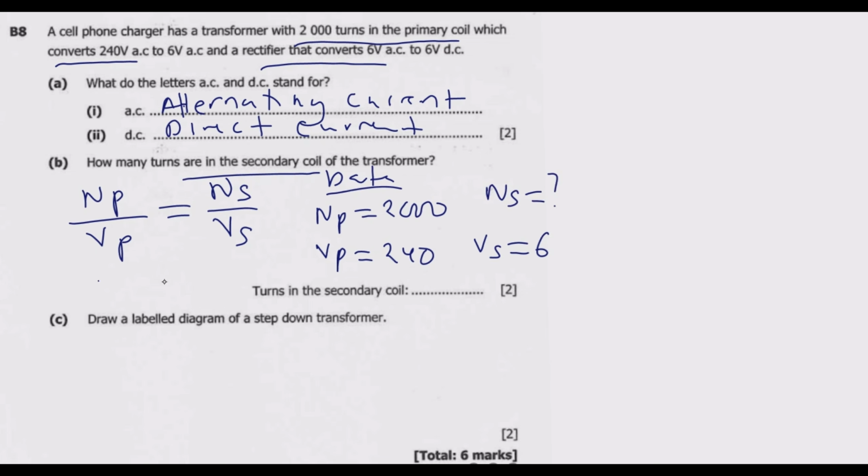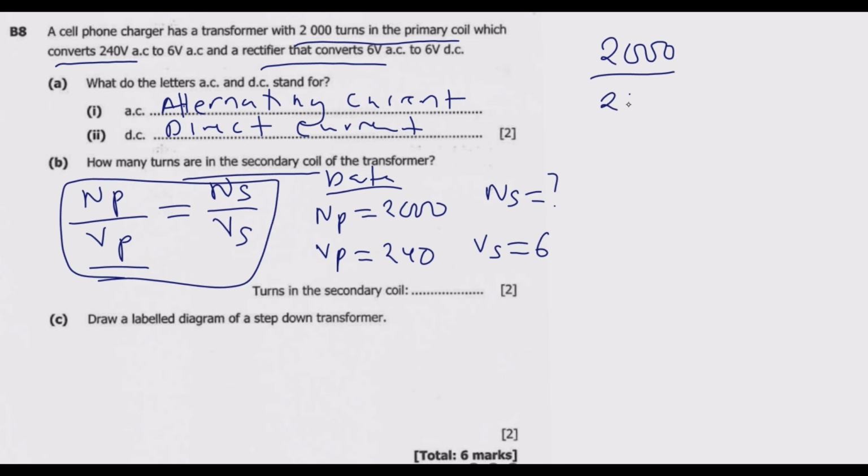So using this formula, we can write now 2000 over the voltage, which is 240, is equal to X, which we don't know and are looking for, over 6 volts. Then at this point we just cross multiply. So we end up with 240 X is equal to 2000 multiplied by 6.